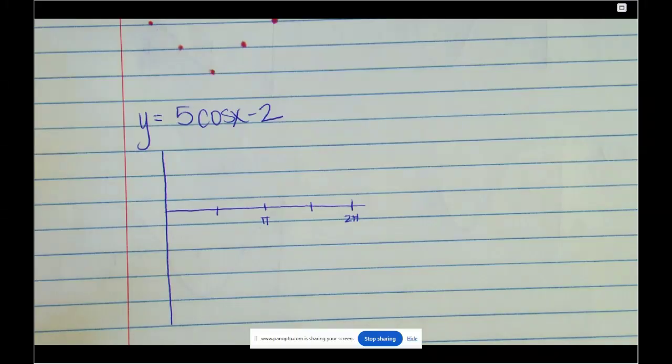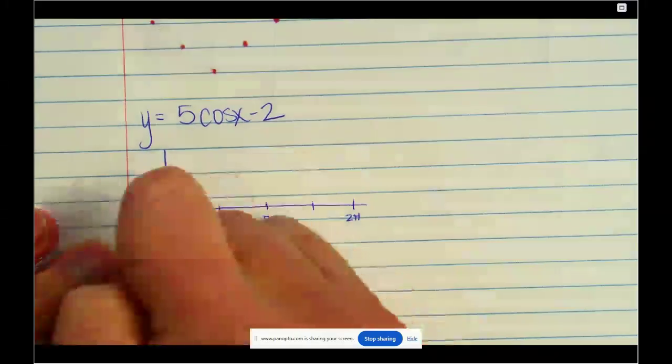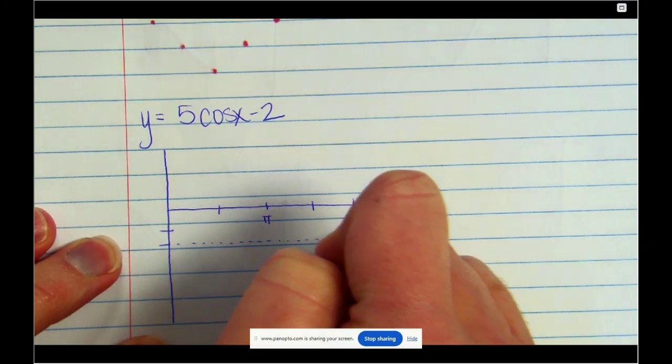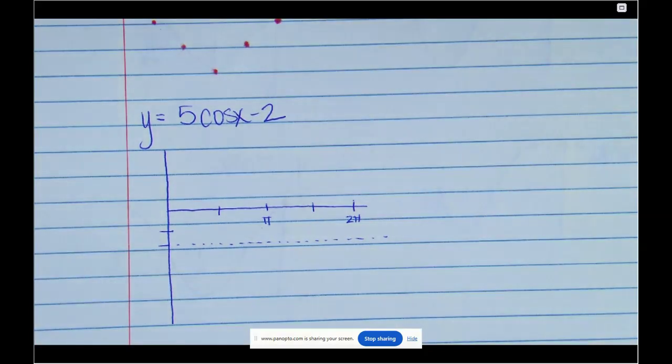What's the vertical shift on this? Down 2. Okay, so again, make that take the place of your x-axis and you don't have to worry about it. Amplitude of 5 means it's going to be 5 above the middle and 5 below the middle.